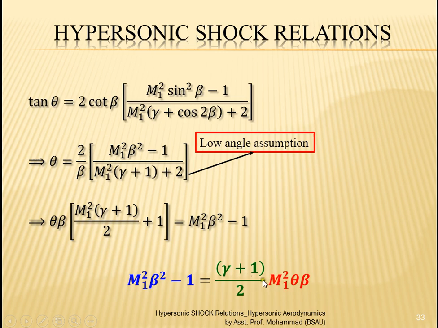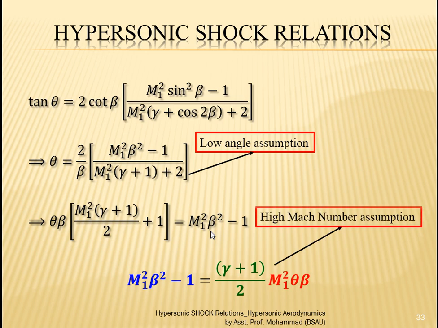So what is written here is theta beta M square by 2, this whole thing by 2, but this is written as it is. Despite the very large Mach number, the small value of beta keeps it comparable with 1, so we cannot simply ignore this. The high Mach number assumption is applied, but it is not high enough to make the M1 square beta square product much larger than 1, so 1 is not ignored here, and it is still maintained.